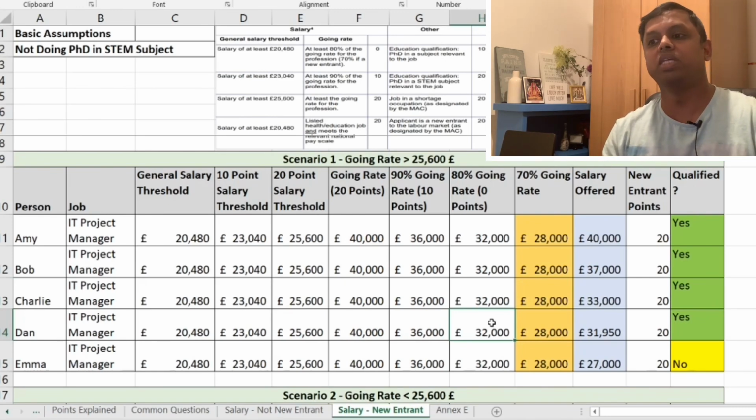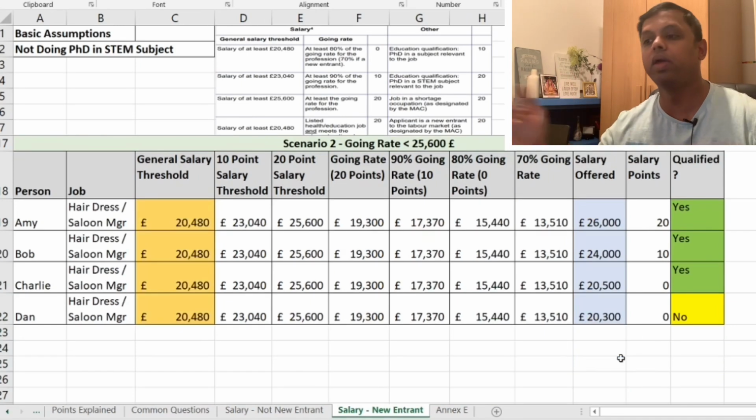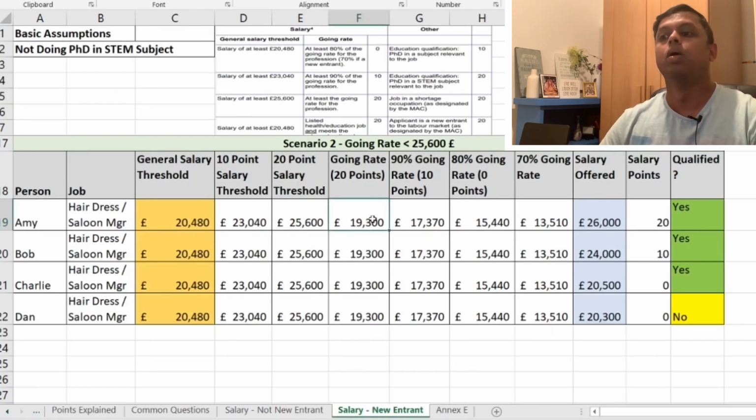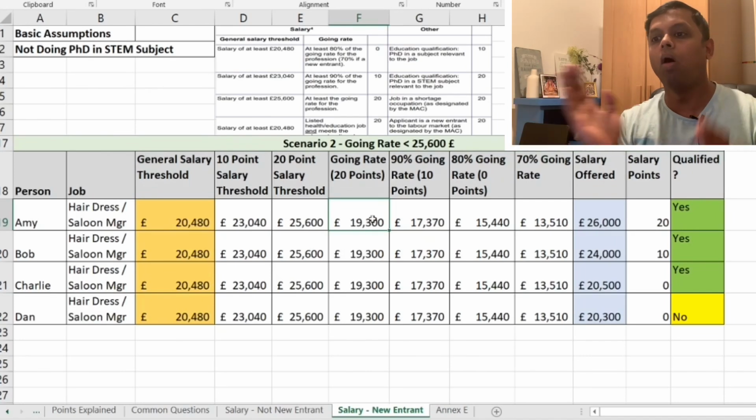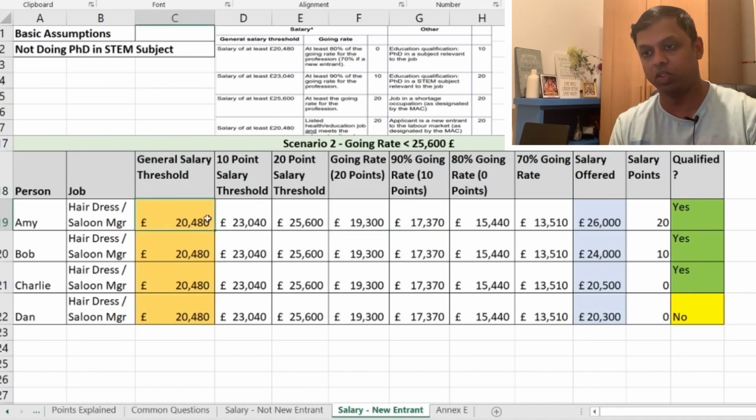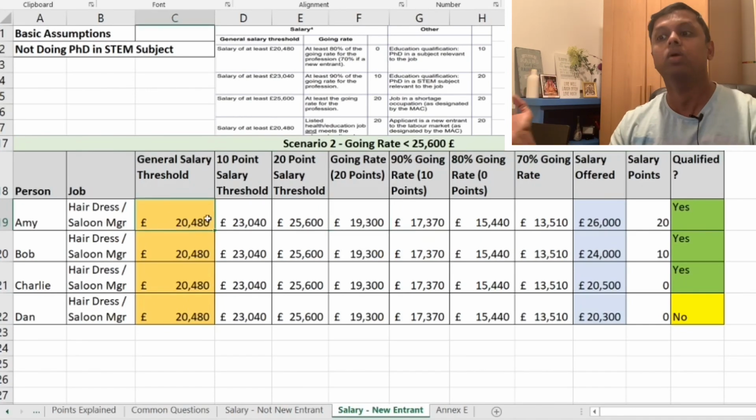Let's look at the same example for scenario 2, where the going rate is less than 25,600. Again, we'll take the hairdressing option where the going rate is 19,300. Because the going rate is less than 25,600, the going rate and the 70% doesn't matter anymore, because all that matters now is the general salary threshold, which is the higher of the two. So at the moment, the going rate is irrelevant for you.